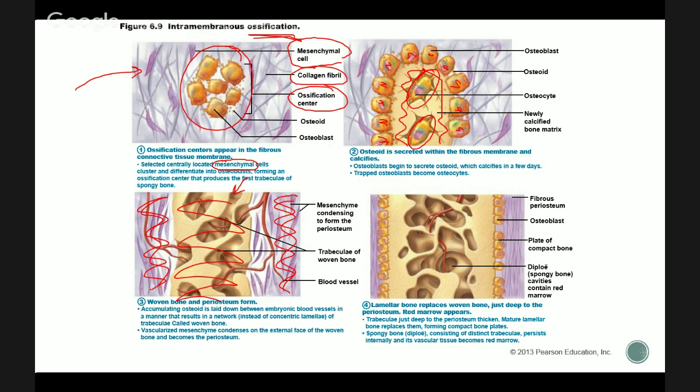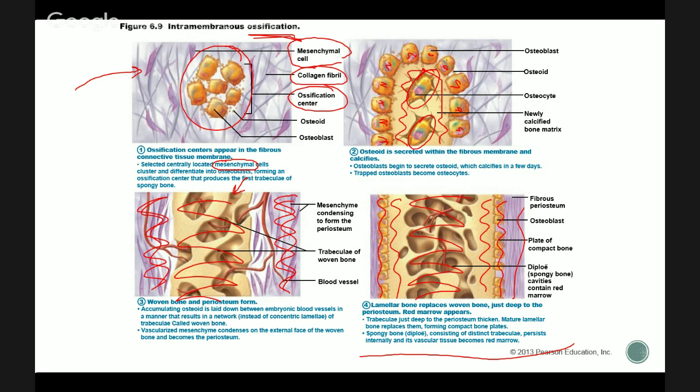And so now what we see is that we have the spongy bone in the middle. In the periphery, we started laying down the bone in a more organized fashion in the compact bone. We've still got osteoblasts along the periphery out here. And then outside of that, we have the periosteum.